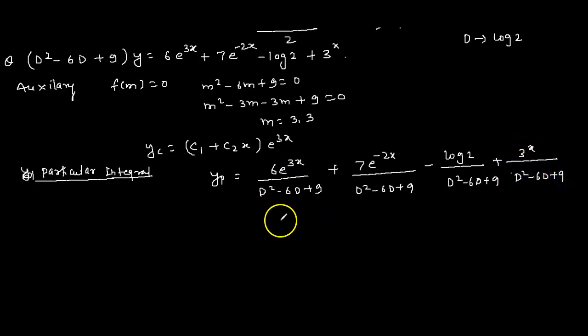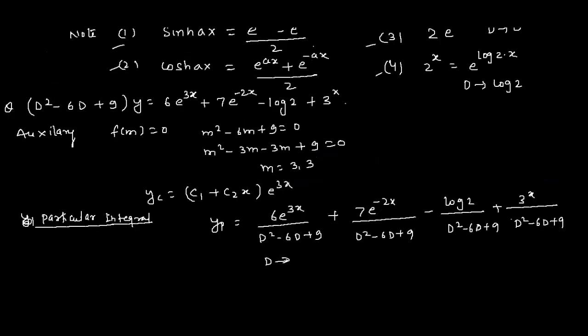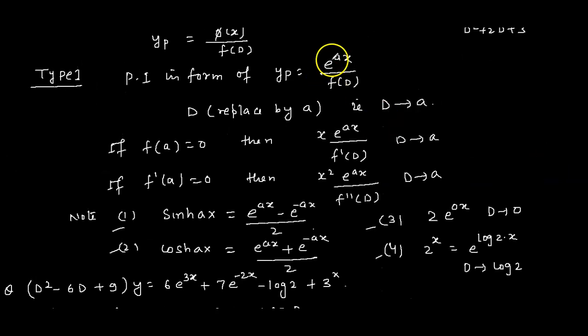So here we replace D with a. What is a here? This value is a, right? Yes, sir. As I said, e to the power of ax is given here, so D is replaced with a. A means the coefficient of x in the power, in e to the power of ax.